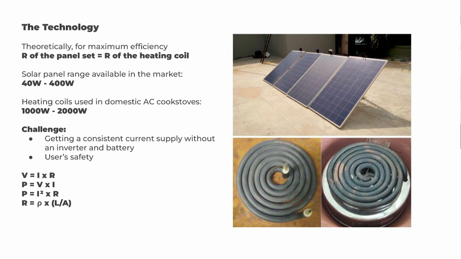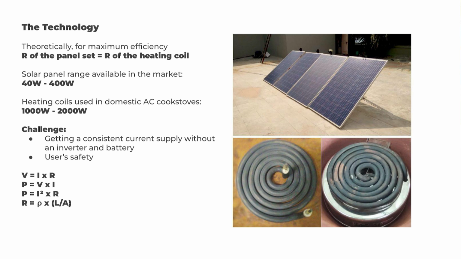So now we have to design our coil also, which can work on direct current. Then we went about technically seeing how the system would work. Theoretically, the resistance of the solar panel configuration should match the resistance of the heating coil.